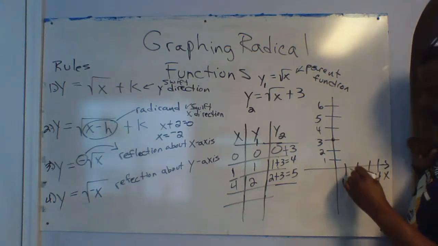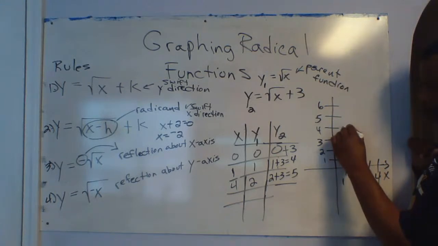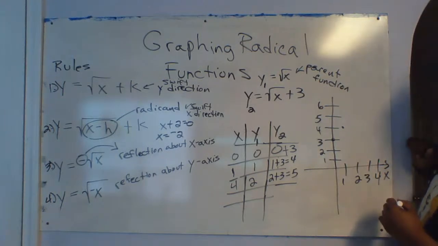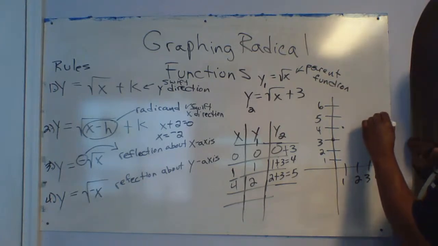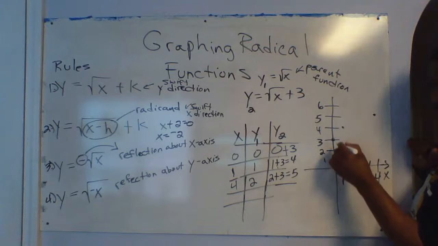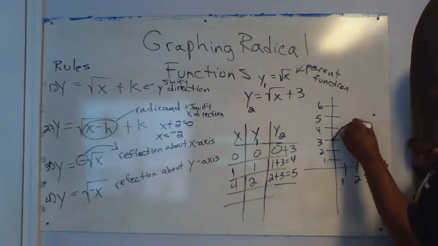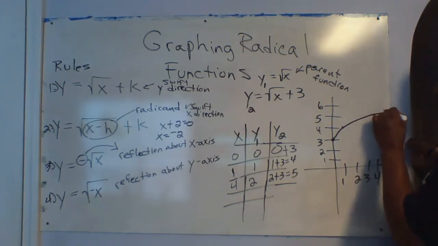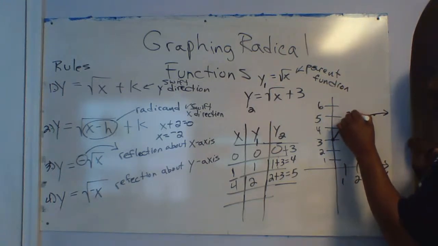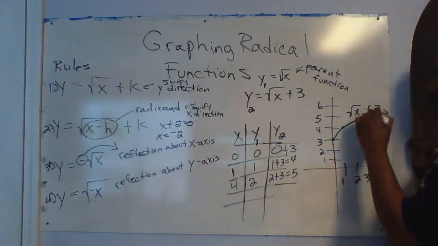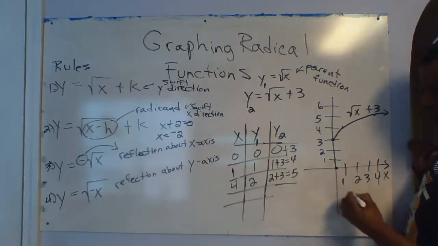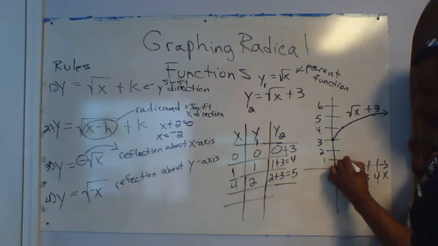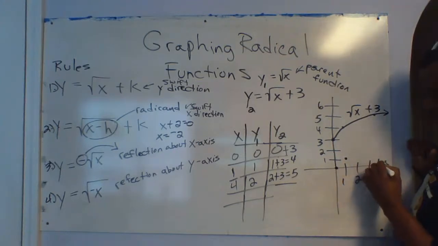Then I have 1, 4. And then I have 4, 5. So that is going to be the square root of x plus 3. Now, if I do the parent function, it would be 0, 0, 1, 1, and 4, 2.